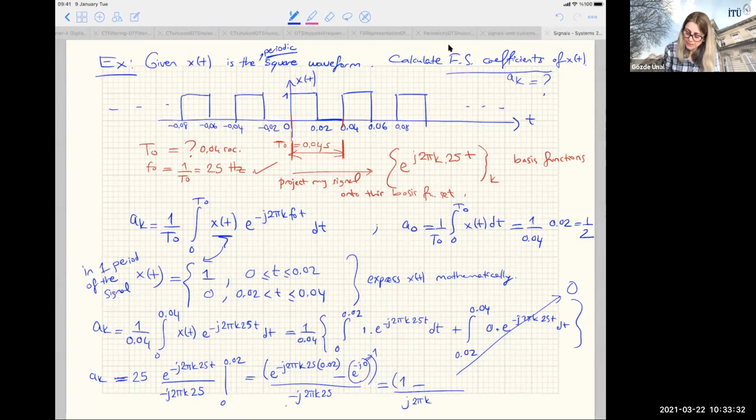The 25 cancels with the scale 1 over 25 at the beginning, so this cancels with this. So I have j2 pi k in the denominator, 1 minus e to the minus j2 pi k 25.